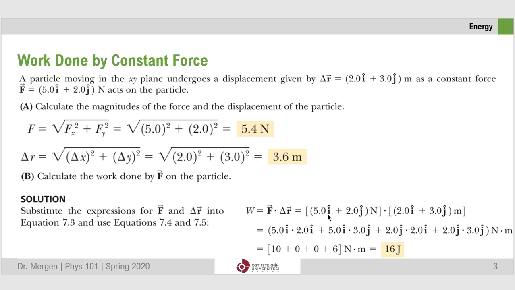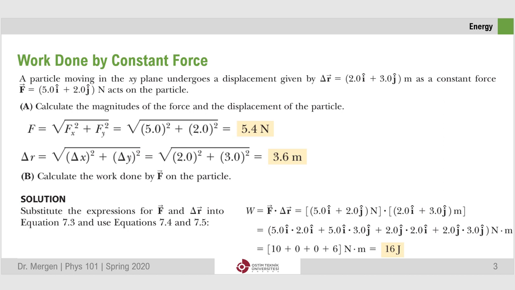Then all we need to do is some simple mathematical manipulation. We have to distribute the force on delta r like this. 5 times 2i here, 5i times 3j here, and 2j times 2i, and 2j times 3j.